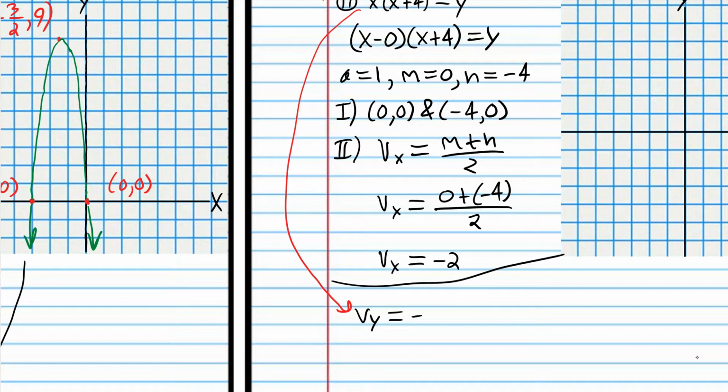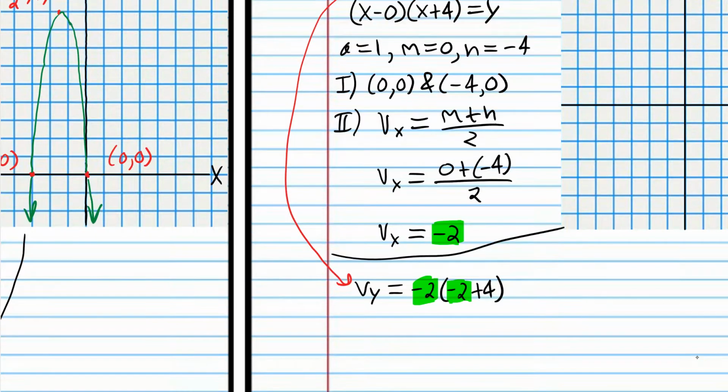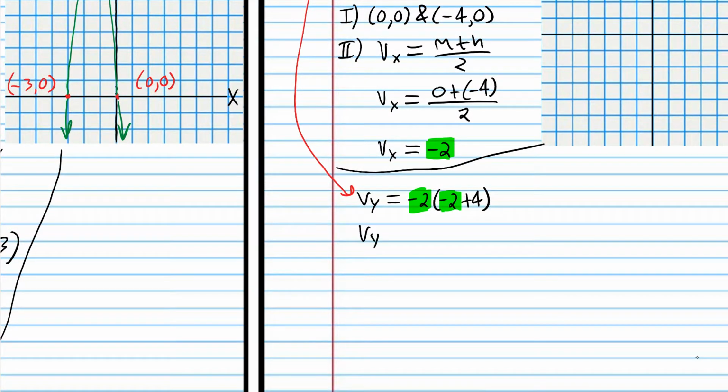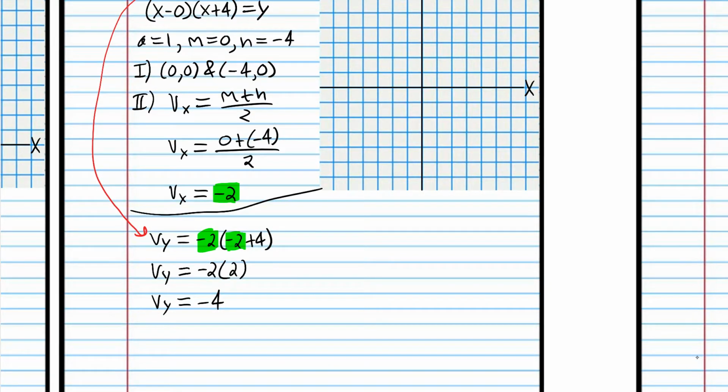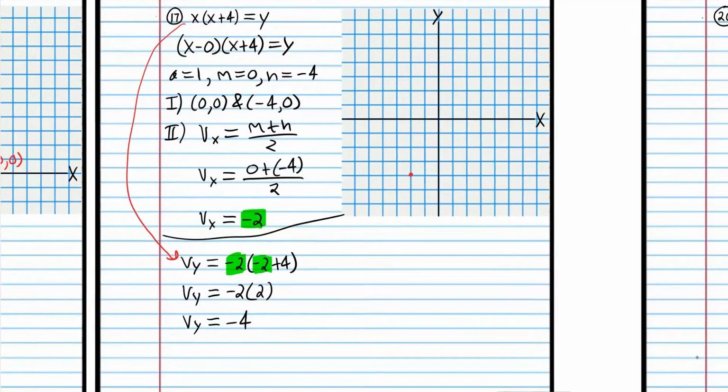So we have negative 2 times negative 2 plus 4. Again, I took that negative 2 and plugged it in there. So now we have negative 2 times 2, which is negative 4. So our vertex is negative 2 and negative 4. That's about there, and this parabola goes up.